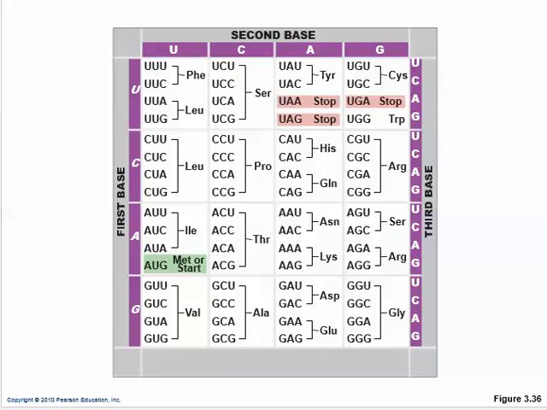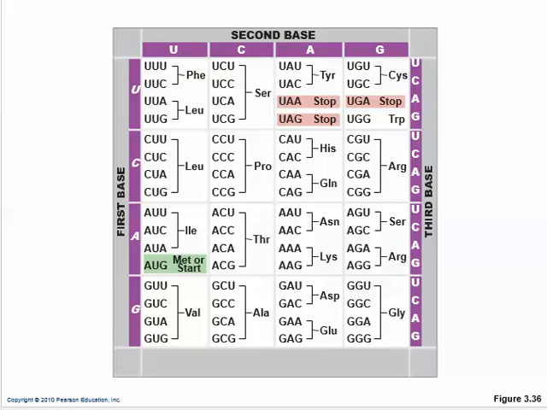So if the codon is UUC, it's phenylalanine. If the codon is UUG, it's leucine. If the codon is AUG, that means start, or if it's already started, it means methionine. If the codon is AAA, then it's lysine, etc. This chart kind of gives you a breakdown.